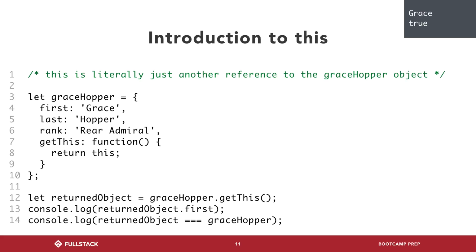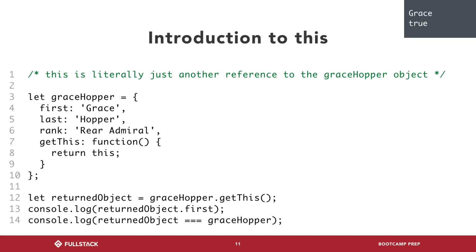We'll talk about this tomorrow when we talk about references versus values and how JavaScript interprets those two. Just accept this statement to show you that this and GraceHopper are the same thing. Sorry to punt this off, but it's a much deeper discussion, and I don't want to sidebar it, understanding that this is just trying to tell you that this is identical. It's synonymous to this GraceHopper object.